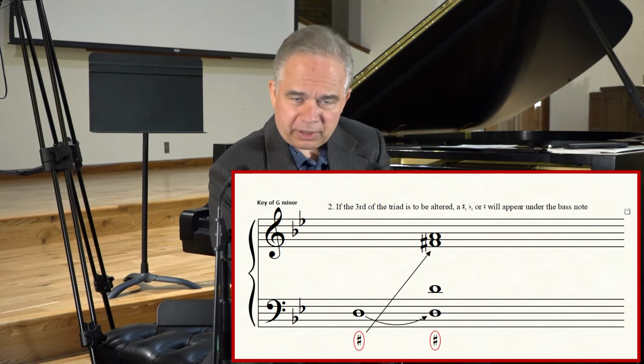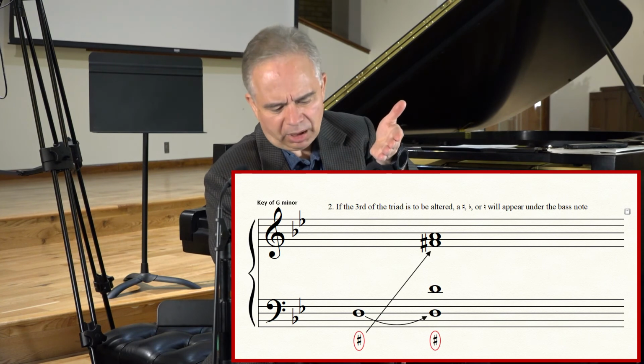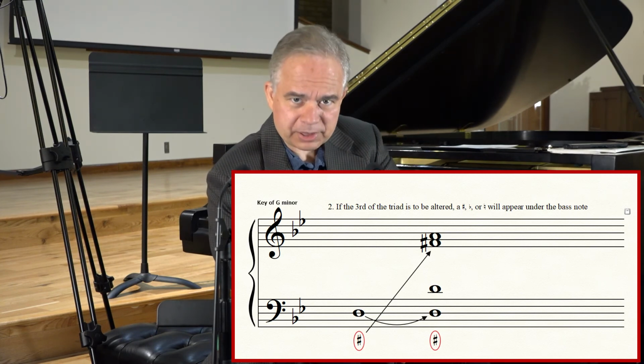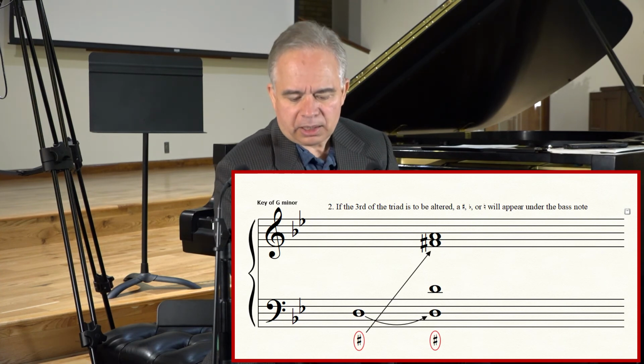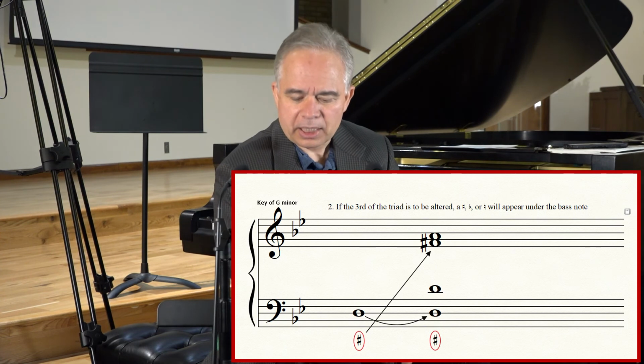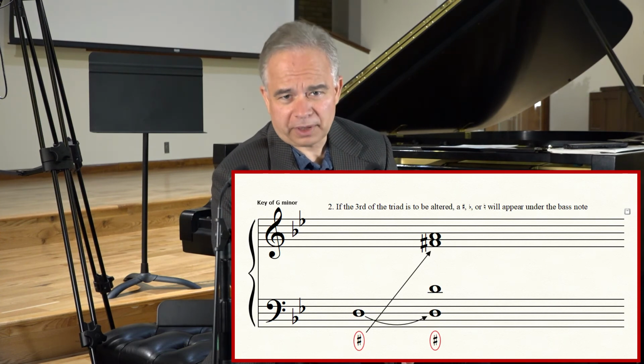So if you're given the note, that means that's your root, that's the most important note, right? And since there's no numbers, it means it's a root position. But if you also see a sharp, a flat, or a natural sign, that means that you have to do something to the third of that chord.